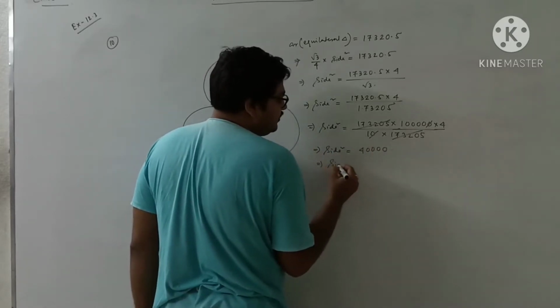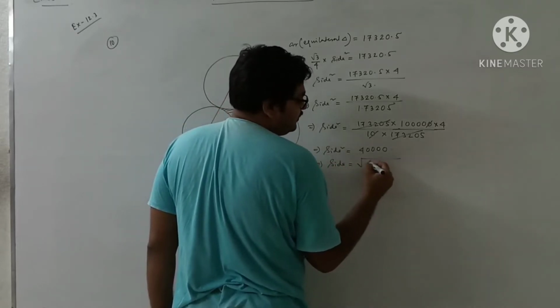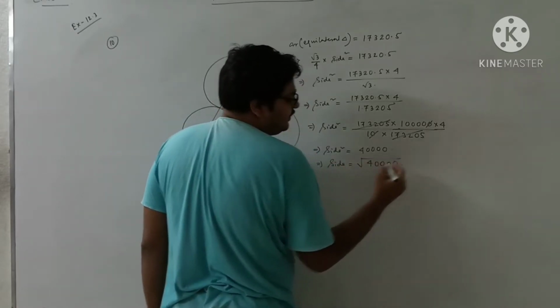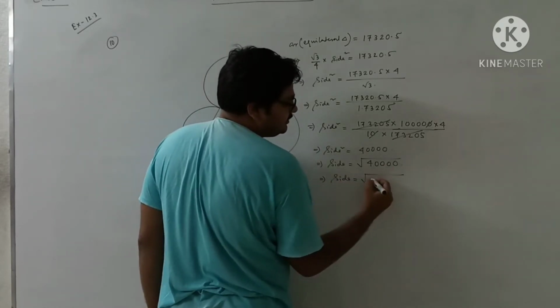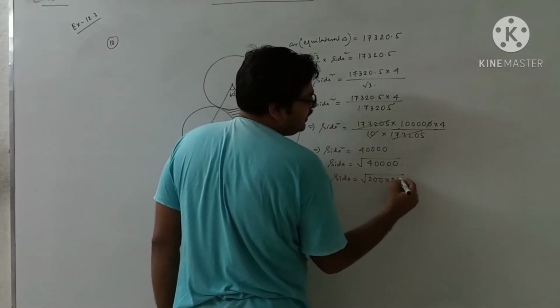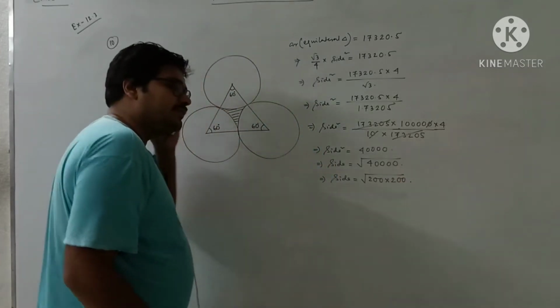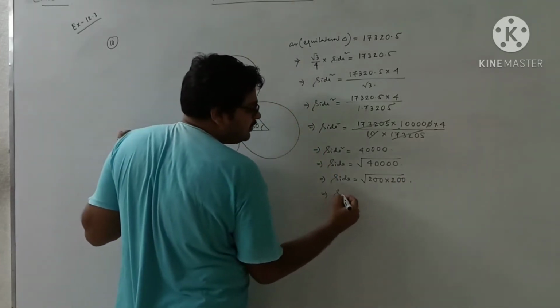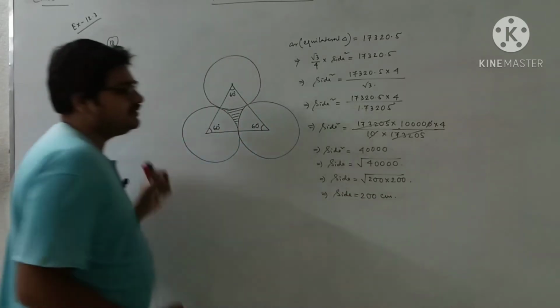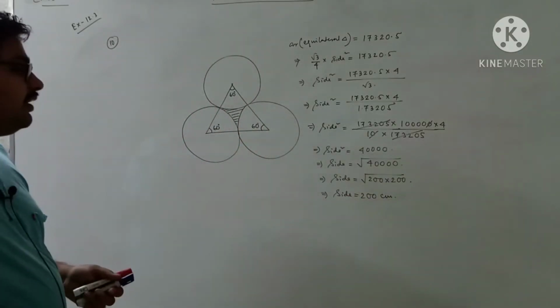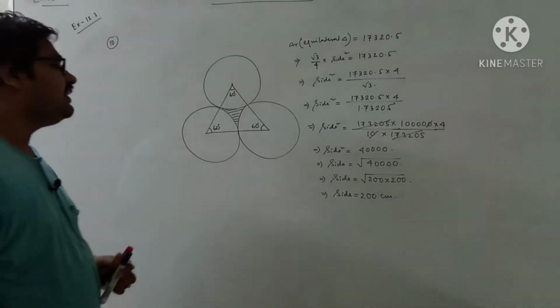So side equals the square root of 4 followed by 4 zeros. Now 4 followed by 4 zeros, that means I can write it as 200 into 200. So side equals how much? 200 centimeter. So we got the length of the side of the equilateral triangle.